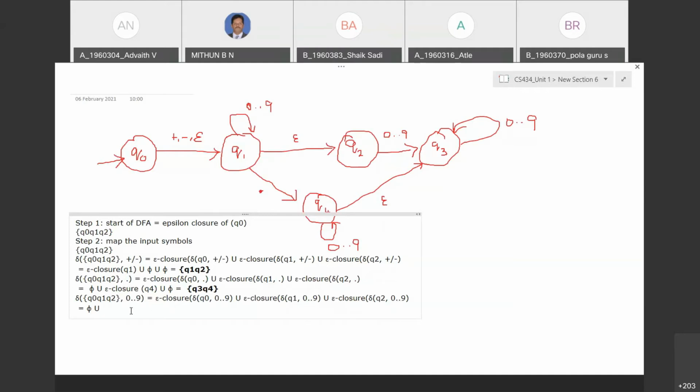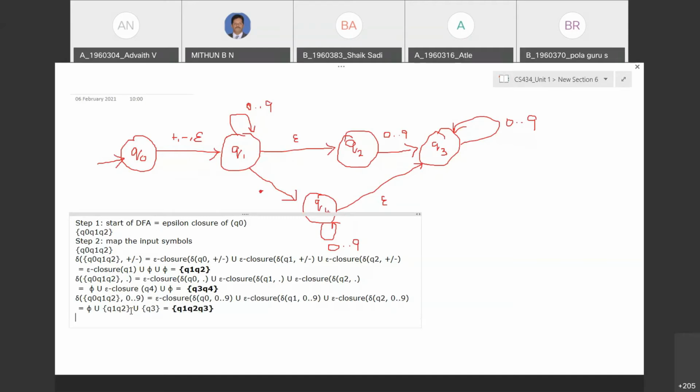I need to find epsilon closure of Q1, which is Q1, Q2, union epsilon closure of Q3, which is Q3. So it is Q1, Q2, Q3. This is a new state.